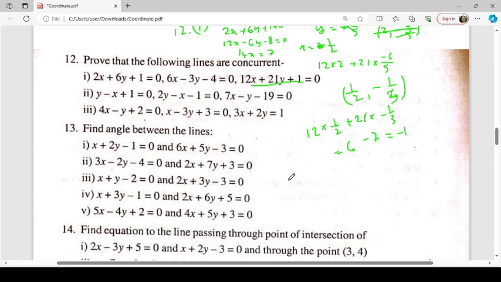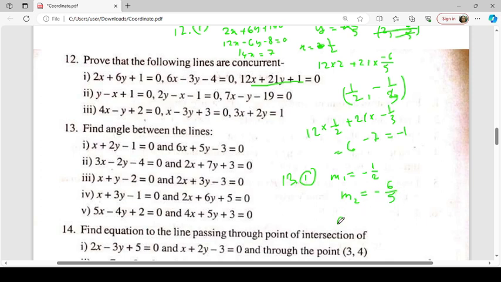Then the angle between the lines, we find m1 and m2. So m1 is minus half, m2 is minus 6 by 5.